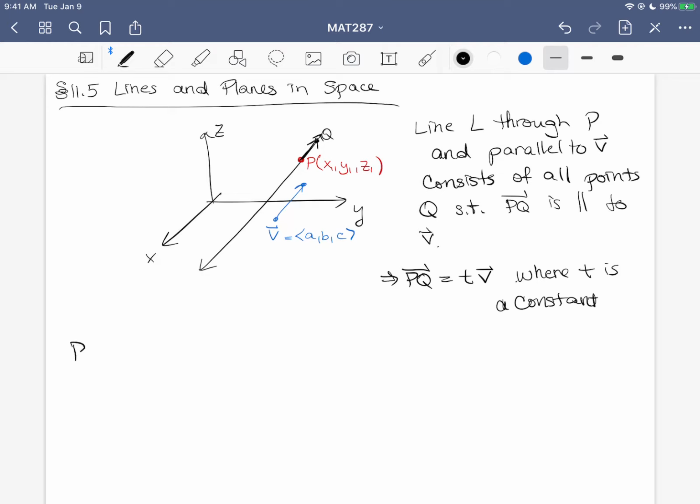And in particular, that means that vector PQ looks like x minus x1, y minus y1, z minus z1, where x, y, z is point Q, and that's going to be equal to T times the vector ABC. That's my V, right? And this is exactly what gives us our equation of a line.